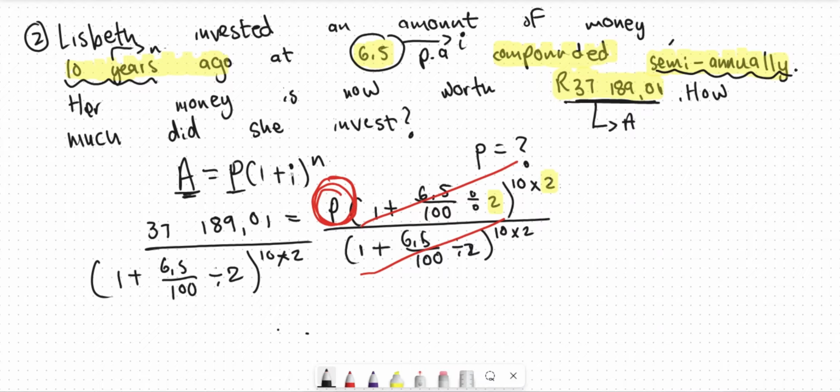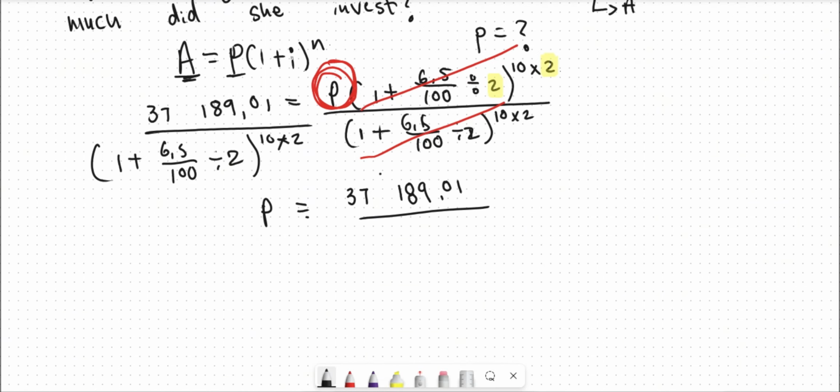And therefore, P is equal to this big expression here, which is 37,189.01 divided by the bracket 1 plus 6.5 over 100 divided by 2, to the power of 10 times 2.